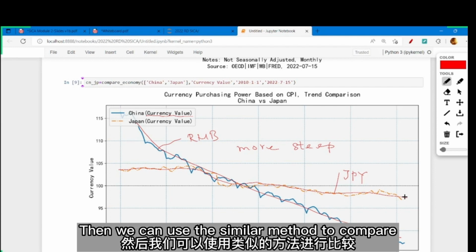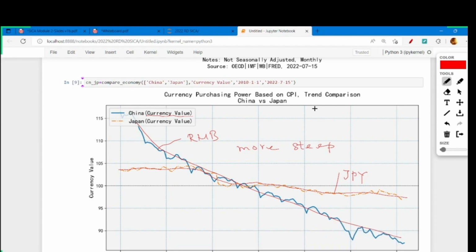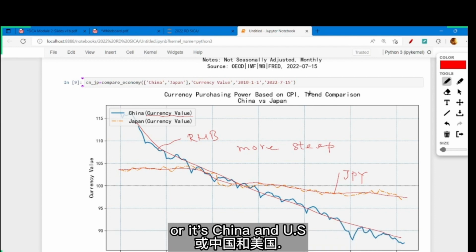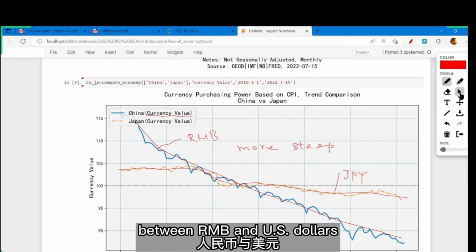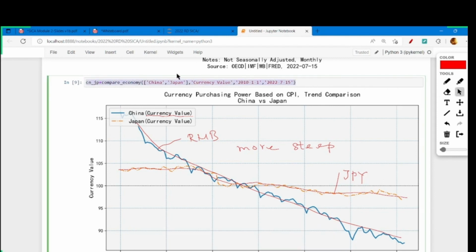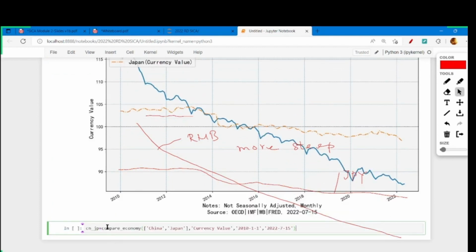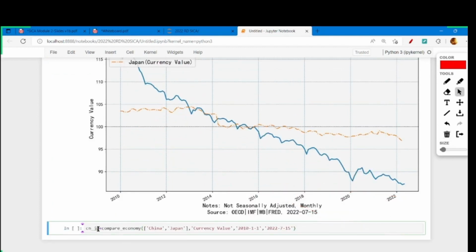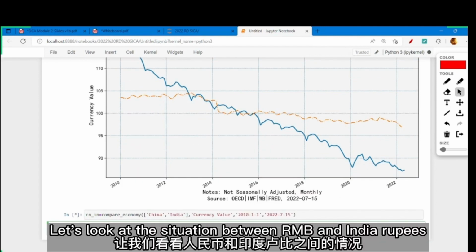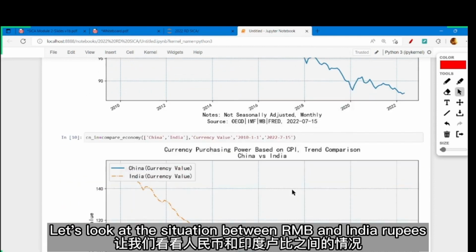Then we can use similar methods to compare China and India, or China and the US, between RMB and US dollars. Let's compare with India. All the others are the same. Let's look at the situation between RMB and Indian rupees.